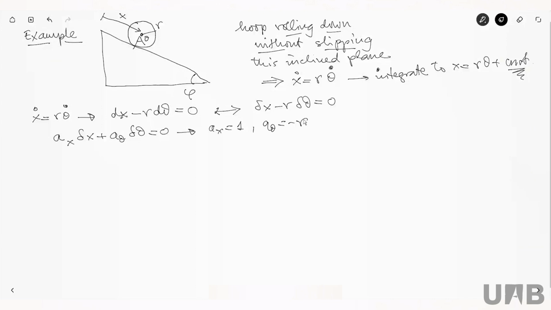Okay? So now all we have to do is consider this differential constraint, add it with one Lagrange multiplier to Lagrange's equations, and solve the equations and see what happens. But for this, first of all, we have to write down the Lagrangian.